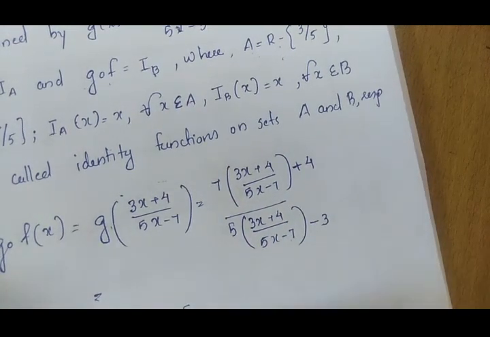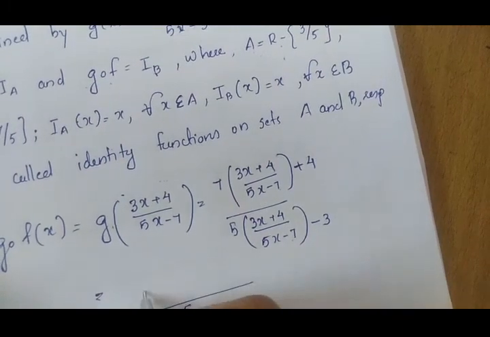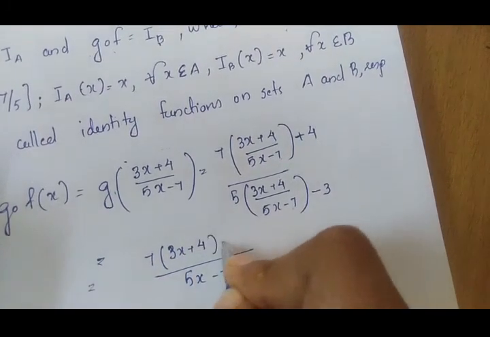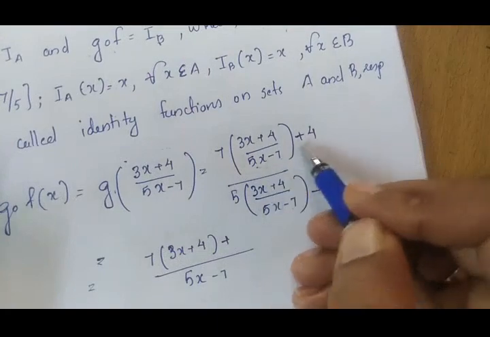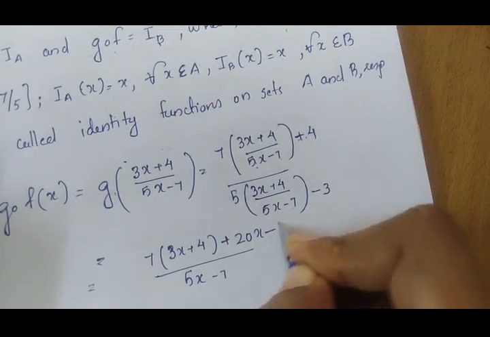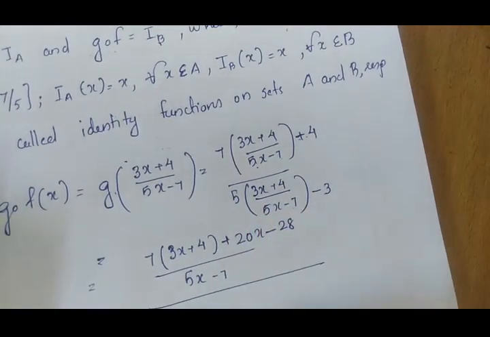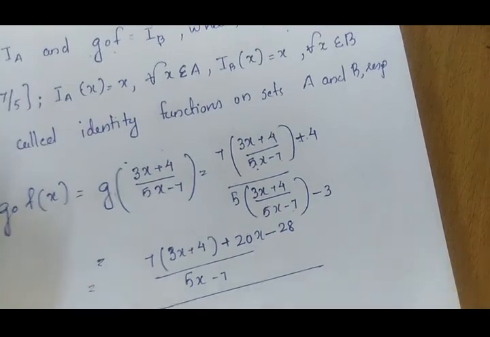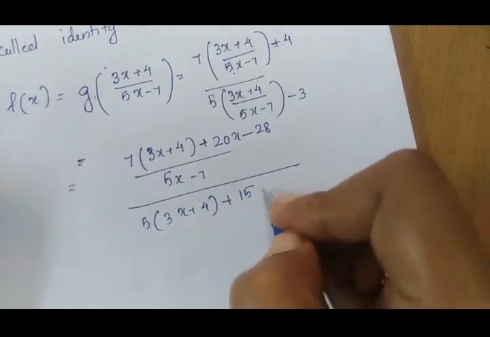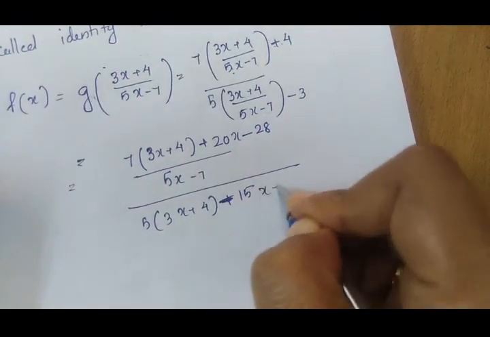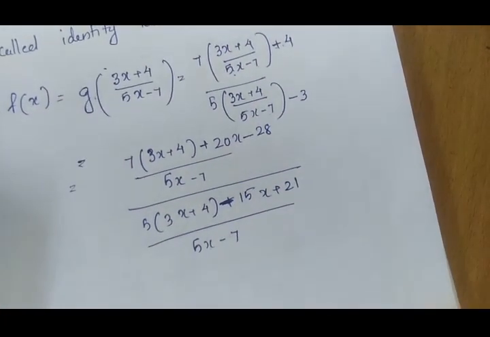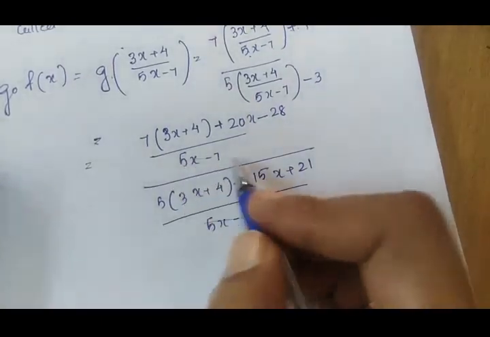We can write 7 into (3x plus 4) plus, by cross multiplication, 20x minus 28, the whole divided by, with the same process, 5 into (3x plus 4) minus 15x plus 21, the whole divided by 5x minus 7, which gets cancelled.